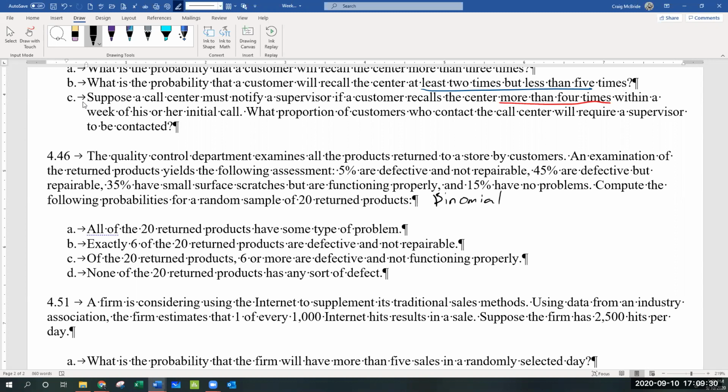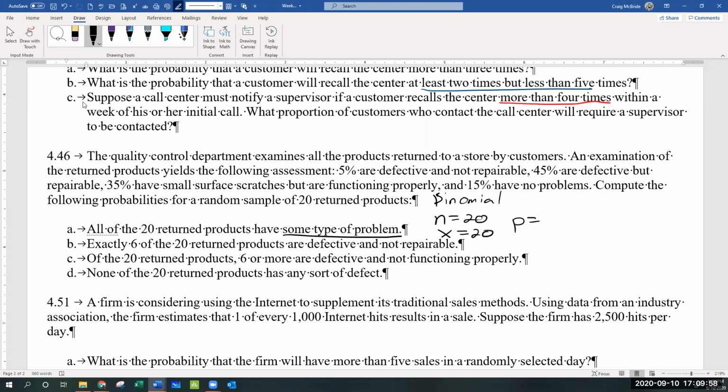So when you say all 20 returned products have some type of problem, that means N is 20, that's my sample size. My number of successes is 20 because all 20 of them are going to have some type of problem. And now I just have to figure out what's the probability of having some type of problem. Well, 5% are defective.